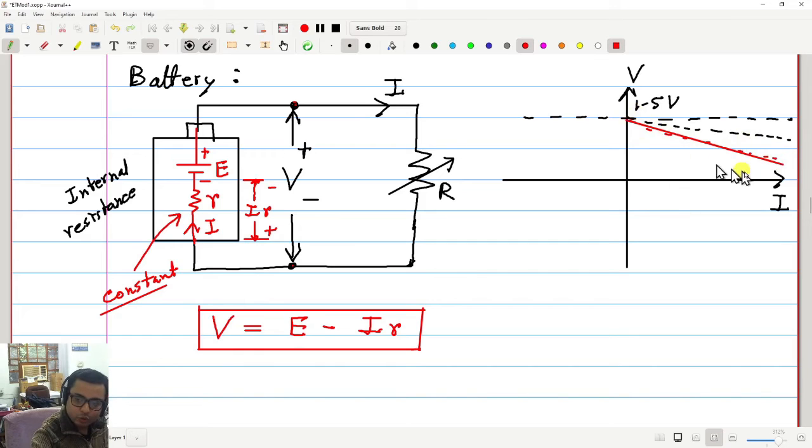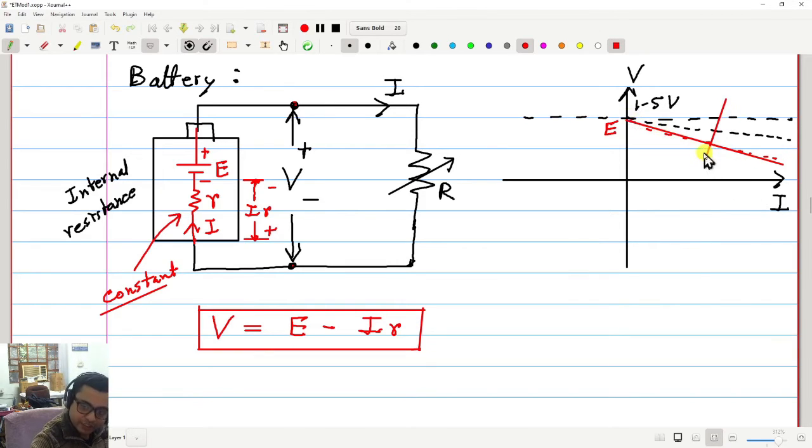So a straight line: the intercept will be E, and the slope will be minus R. That's how the graph looks. And as one of you was telling, if this resistance is higher, then this graph will fall more and more with increasing current.